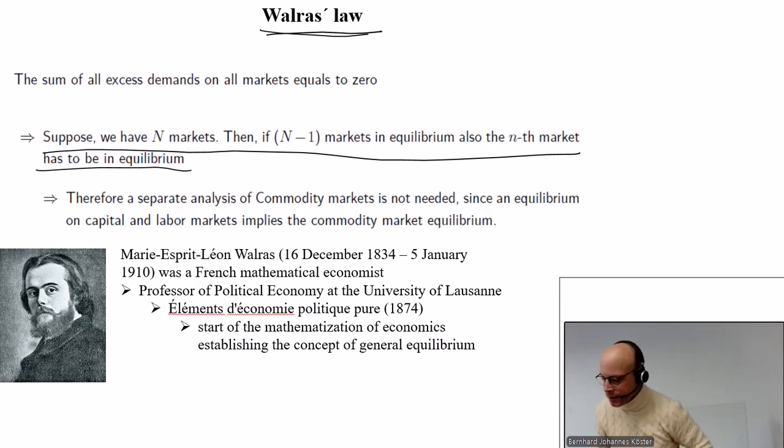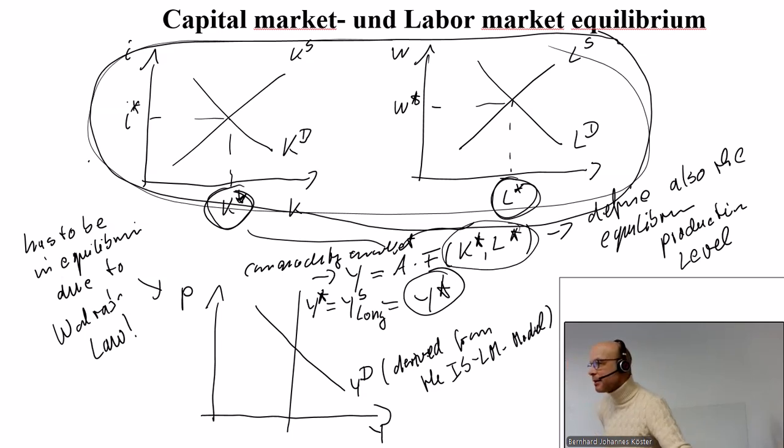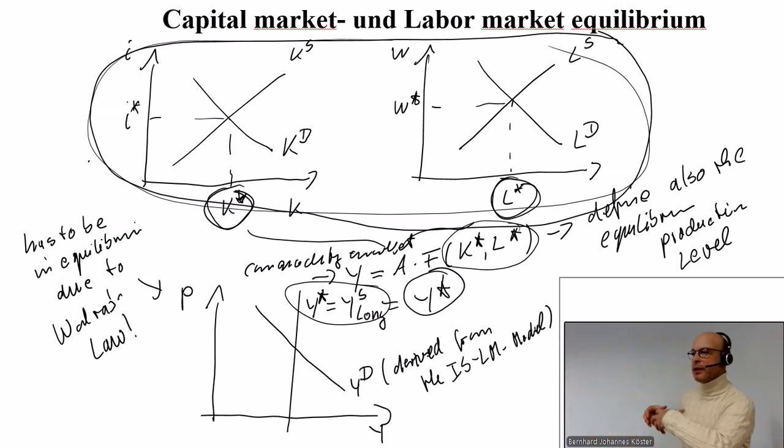And this means, especially since we have assumed that capital and labor are the main inputs for overall production, that given these capital and labor inputs, this determines total production, and this is, so to speak, what is behind the vertical supply curve in the AS-AD model.